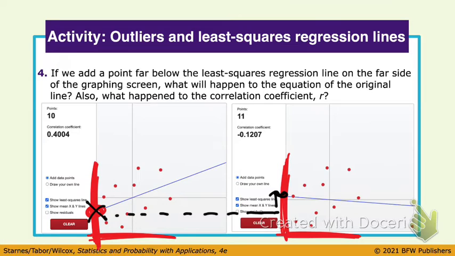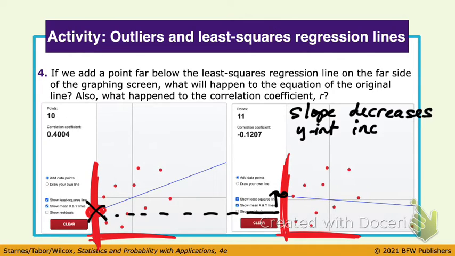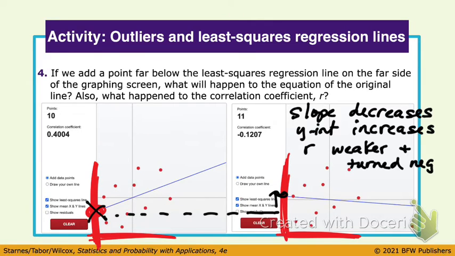So for this one, my slope decreases. My y-intercept increases just a little bit, not a ton, but it does increase. And my R got weaker and turned negative.